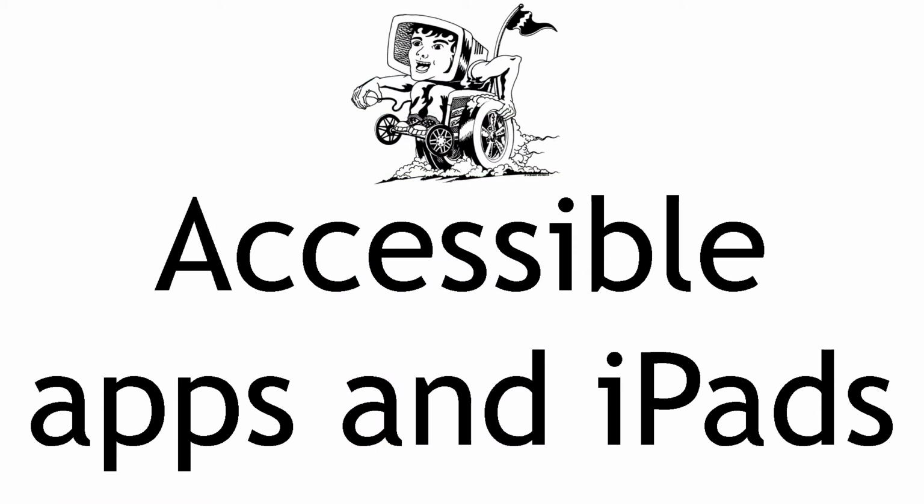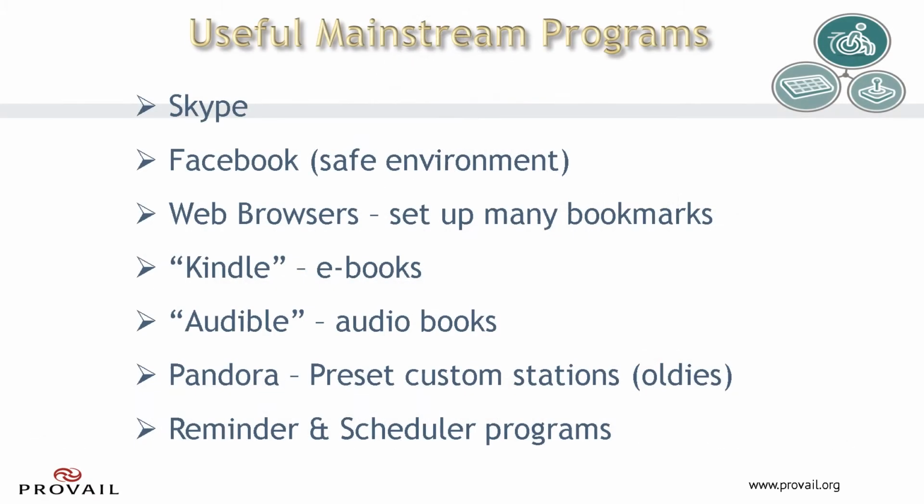Accessible apps and iPads. Here is a list of some useful mainstream programs that improve accessibility just by their nature. They are available for free on both tablet platforms like the iPad, as well as full computer systems.